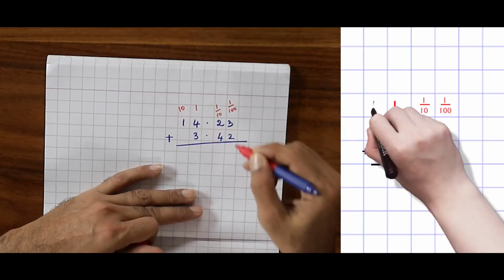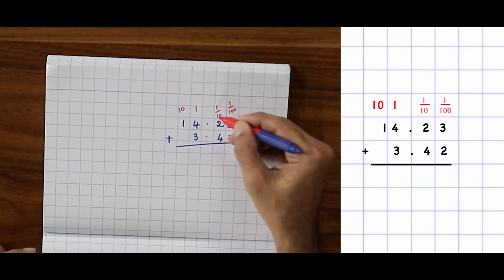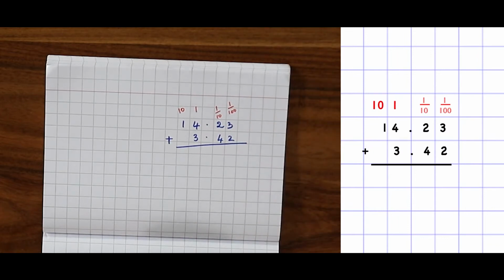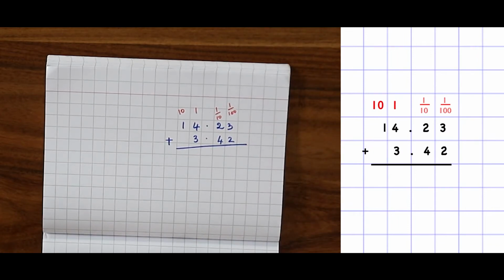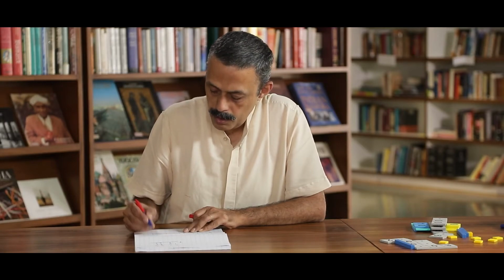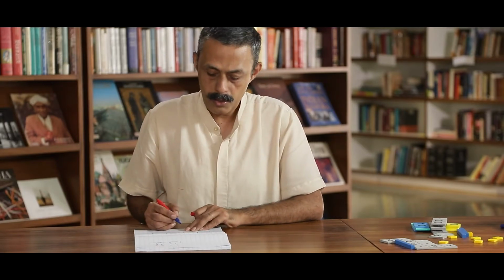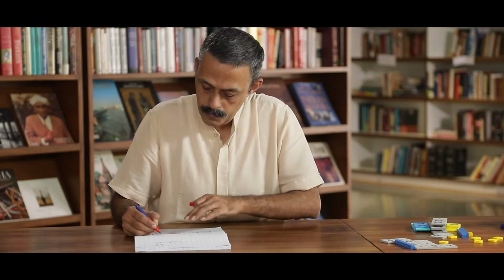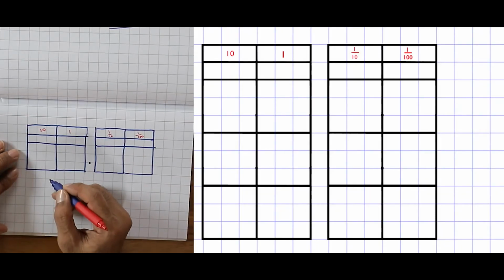We can do it with carryover. You have already seen addition with carryover. Let us do it without carryover. Tens, units, 1/10ths and 1/100ths. In the representational stage, I have drawn the square boxes for writing the numbers. This is 14.